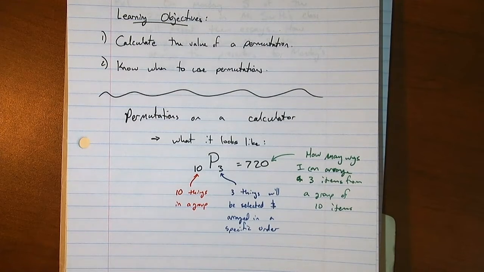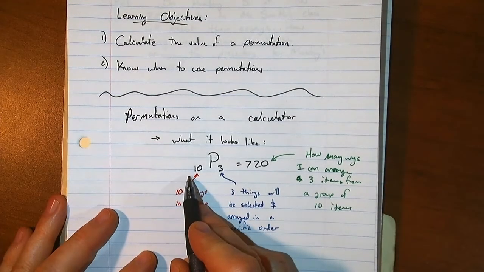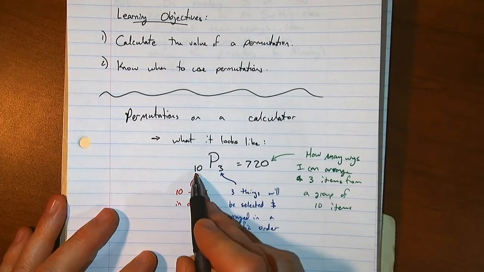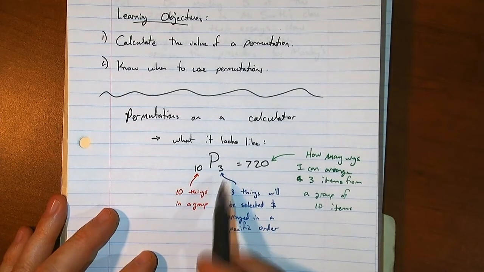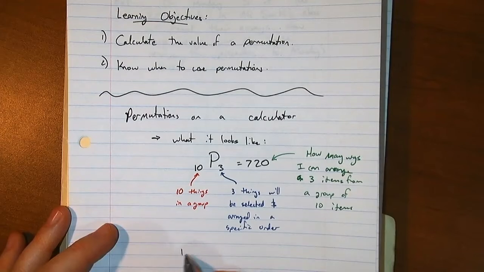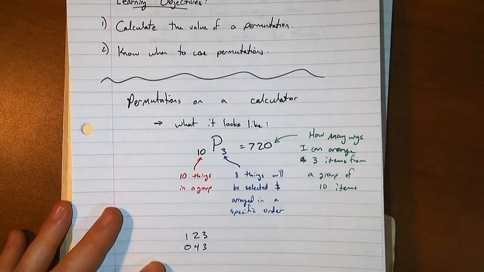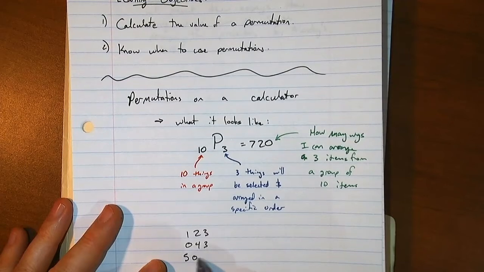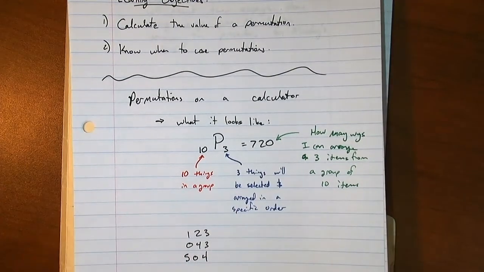For example, if I have 10 numbers, 0, 1, 2, 3, 4, 5, 6, 7, 8, 9, 10 single-digit numbers, and I'm going to pick 3 of them to make a 3-digit number, how many ways can I do that? Well, apparently there's 720 ways to do that. So maybe I pick these 3 numbers, or these 3 numbers, or whatever.